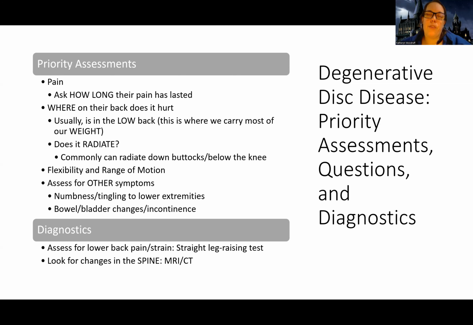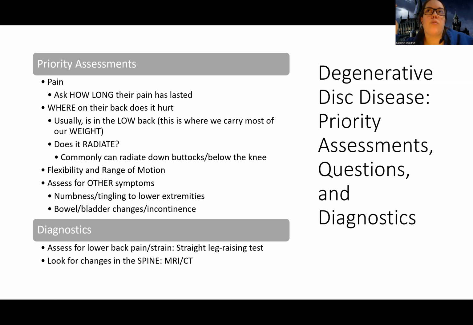So things can get out of whack and lead to not just pain, but strange pains, like that radiating pain. Think of radiating like shooting: it starts somewhere and goes somewhere else. Commonly they have low back pain that shoots or radiates down their buttocks or below their knee. So it can be very uncomfortable.